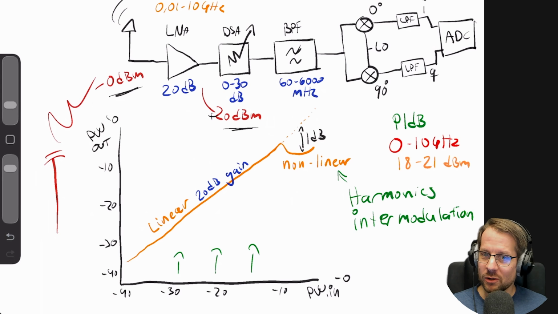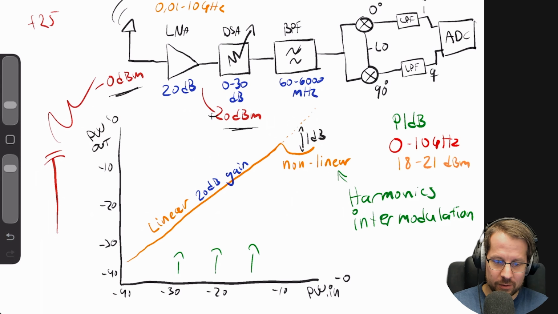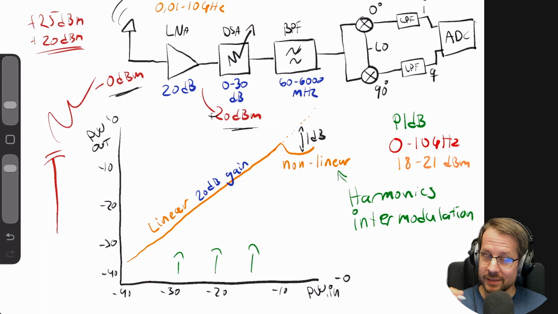So it's really important to safely operate the spectrum analyzer, because the warning at the front end that says plus 25 dBm, for example, or in many cases plus 20 dBm, that's the hard limit. That's when you break it, right? You need to stay at least 20 dB away from this number, because that's when you can break certain components in your spectrum analyzer.